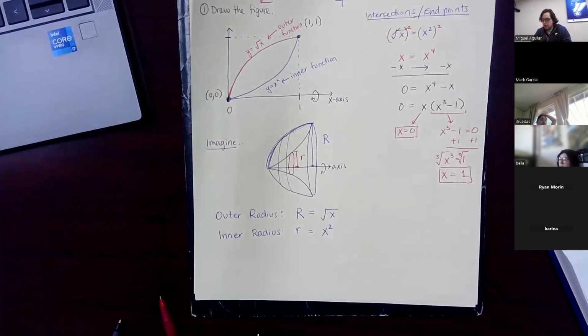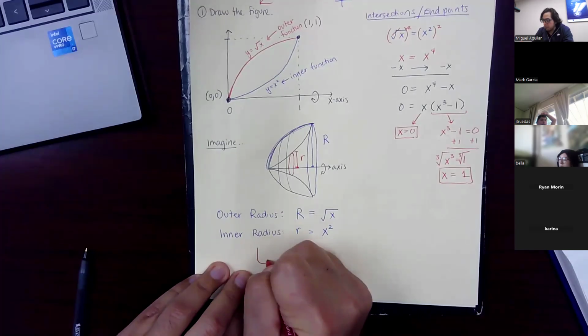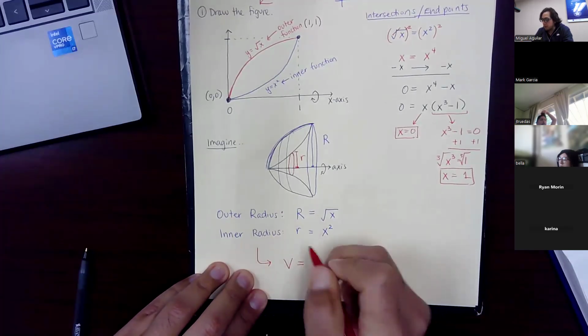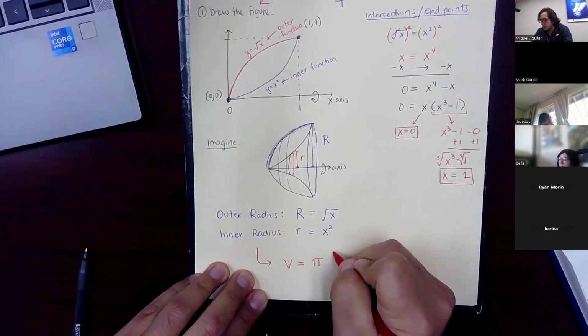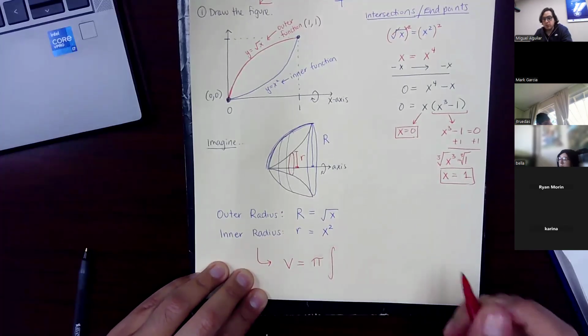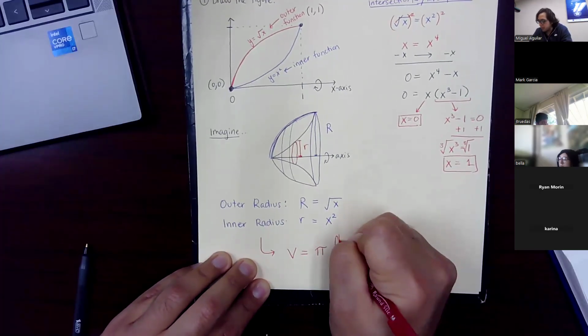Okay. So putting this into that volume formula that we had, volume is going to be equal to pi times the integral from a to b.